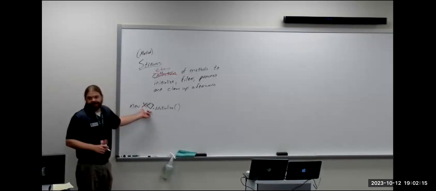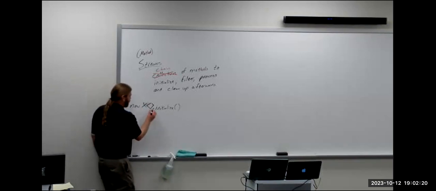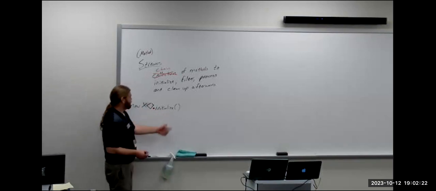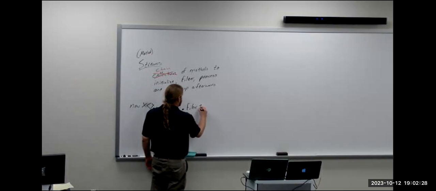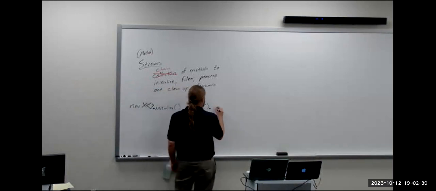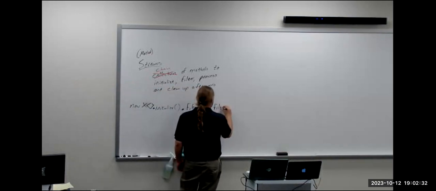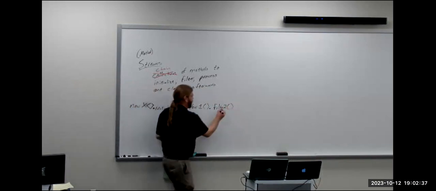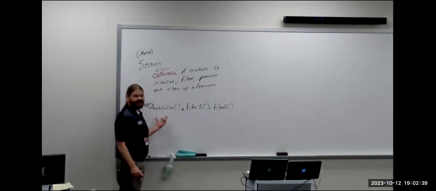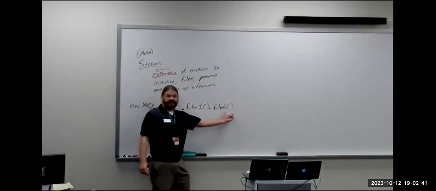Like a list or a set or a hash table. We have some sort of collection, and we call it dot initialize method. Then we have a dot filter method. Filter one method. Dot filter two method. And we'll apply a bunch of filters on that collection of data and one long chain of methods.